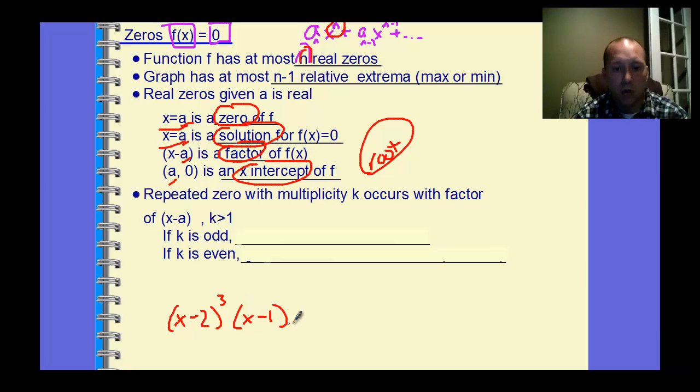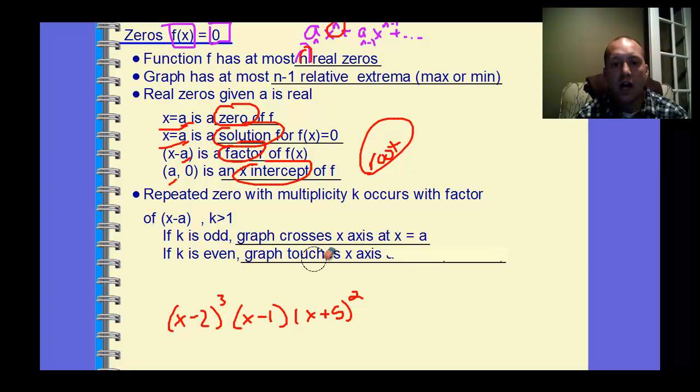This one would only occur once. This one here would occur two times. And if k, the exponent on that, is odd, the graph crosses the x-axis. If k is even, the graph touches the x-axis at that answer, which is a relative extreme.